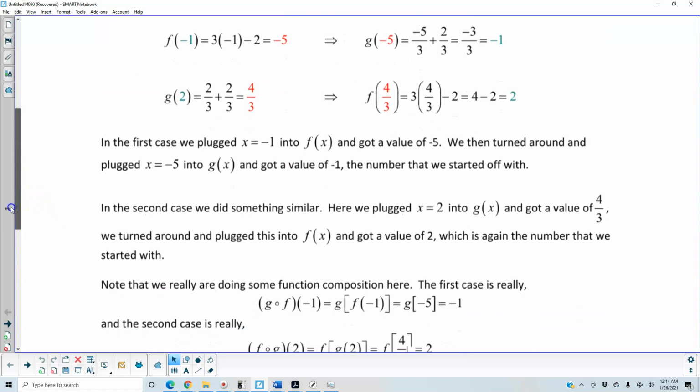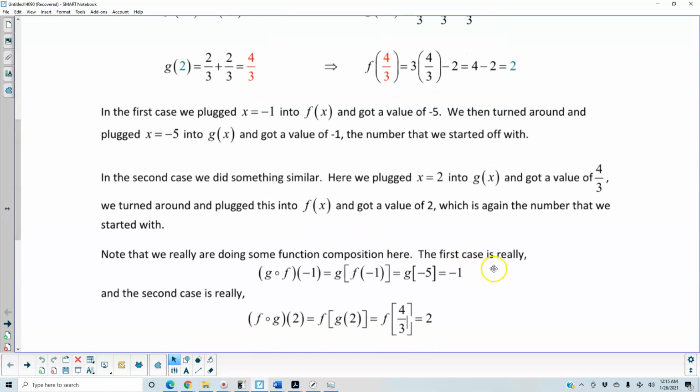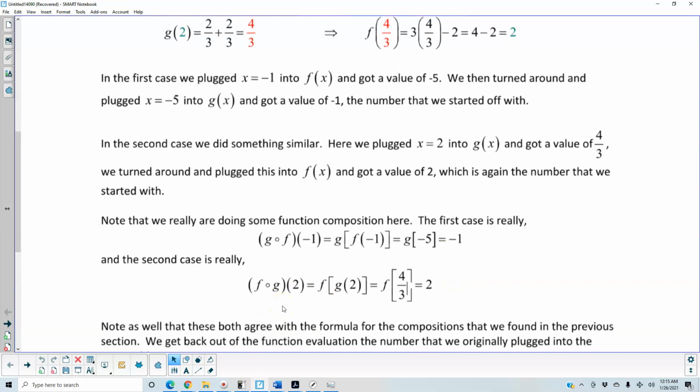Note that we really are doing some function composition here. The first case is really g composite f of -1, which means we're finding g of f of -1, and f of -1 turned into -5, and then -5 into the function g gave us -1. And the second case was f composite g of 2, which was f of g of 2.